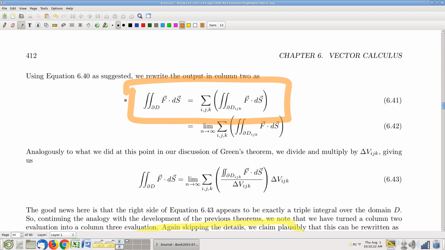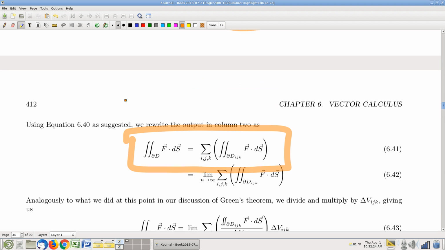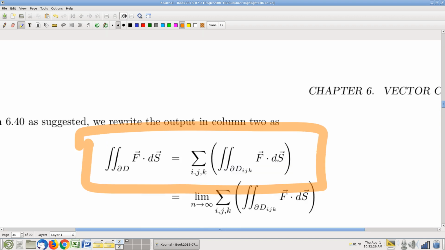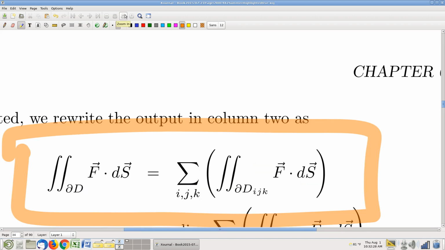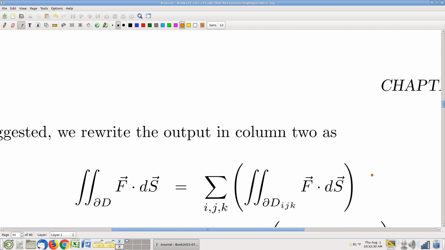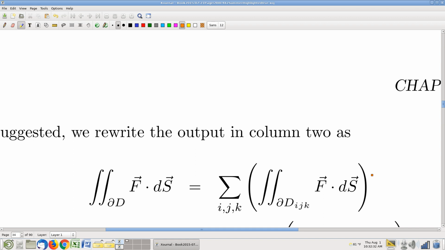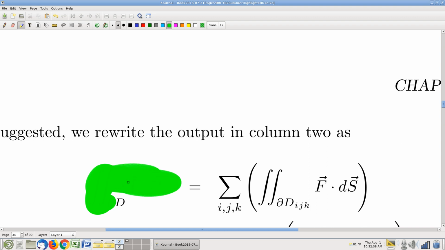Now this is a kind of scary looking equation, right? Let's focus on just this one equation here. What I've got, though, is a quantity that I'm computing over the whole.